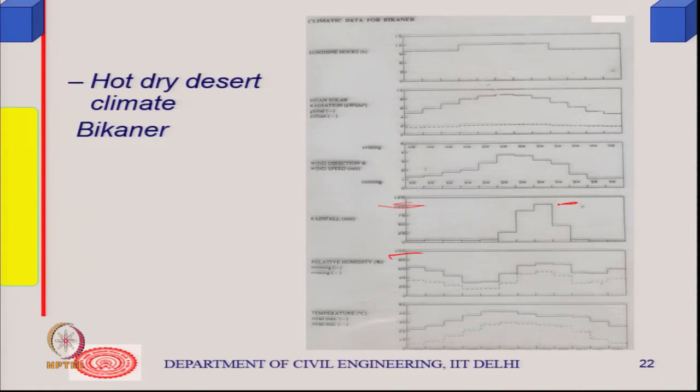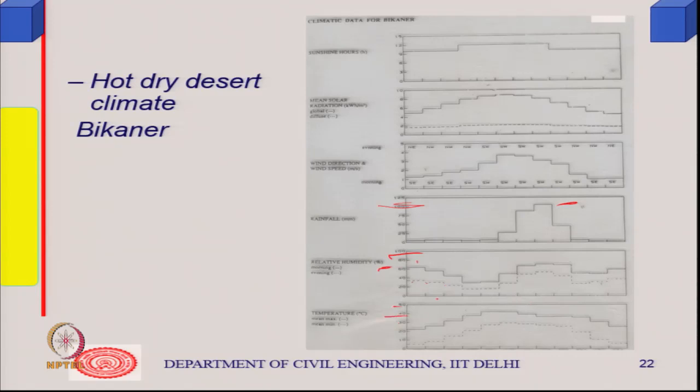Relative humidity maximum is 60, and it can go as low as 35 or so. In April and May it can go much lower, and minimum humidity is still lower early in the morning. Sometimes it is between 40 maximum and 35 minimum. So, a very dry situation.